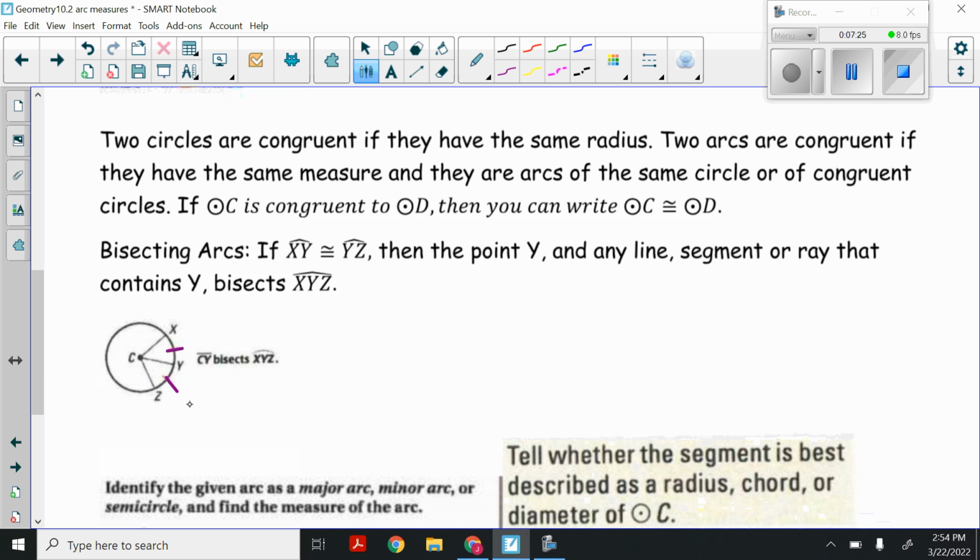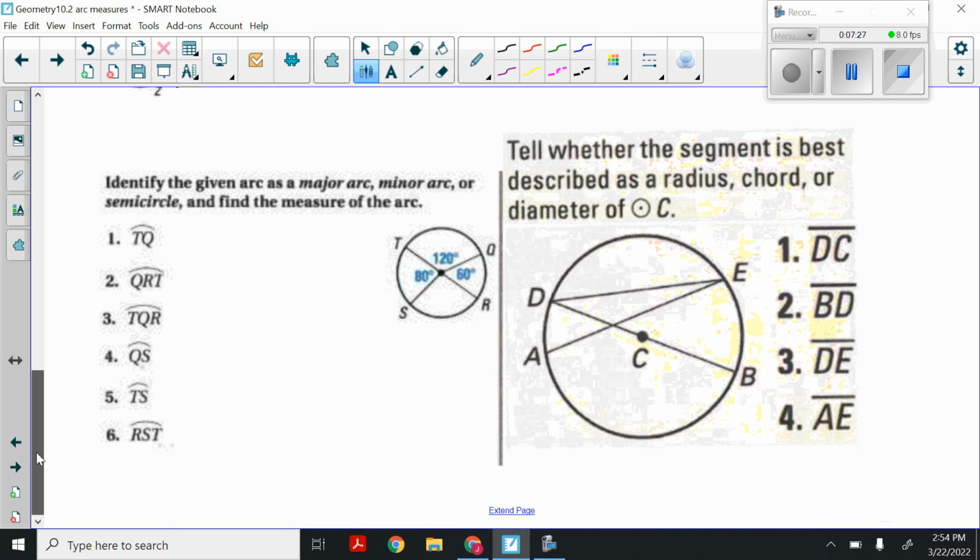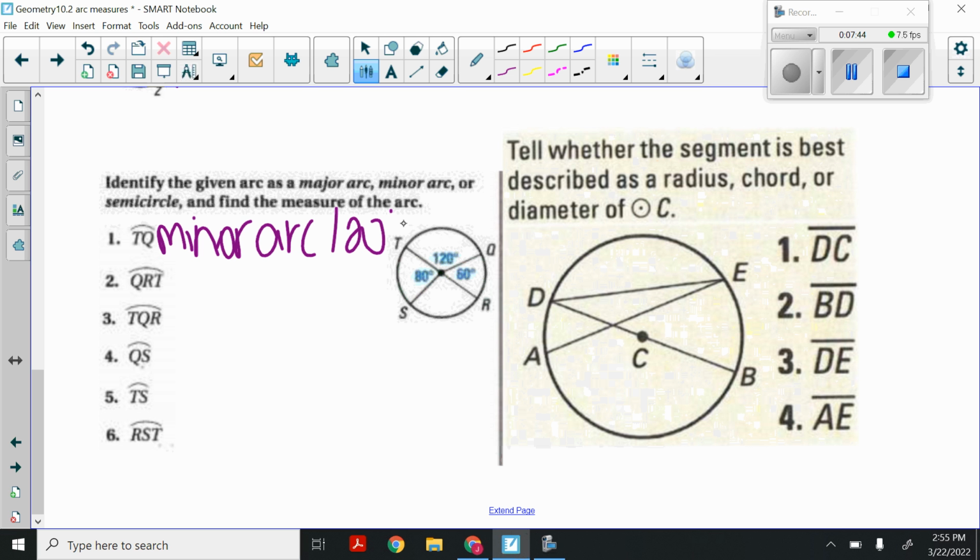Okay. So now let's work some problems. So this first one, identify the given arc as a major arc, minor arc, or semicircle, and then find the measure of the arc. So the very first one, arc TQ. Well, the measure of it is 120. So that is a minor arc, 120 degrees. Remember, minor arc is less than 180.